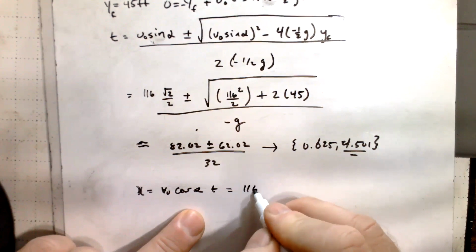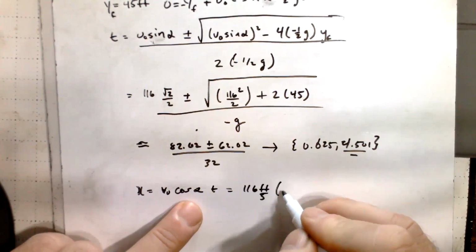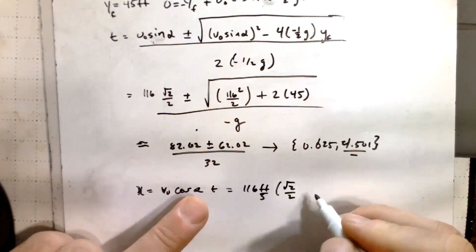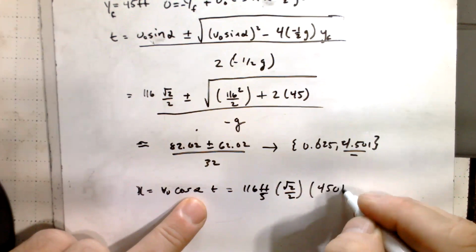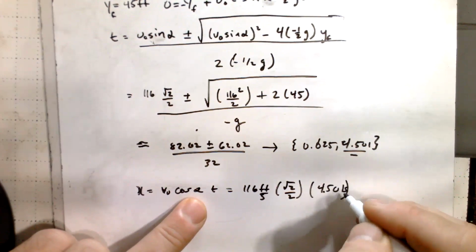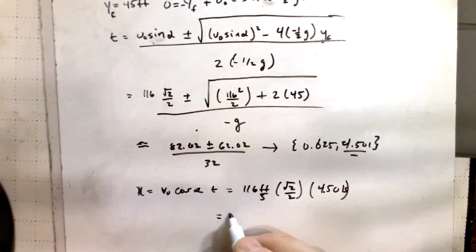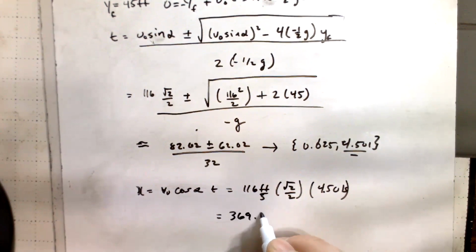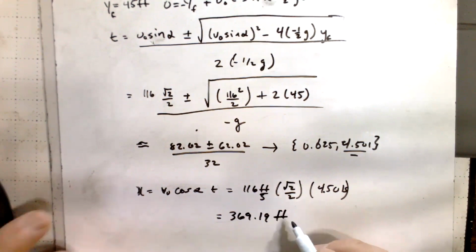So v naught is 116 feet per second. Cosine was square root of 2 over 2 because the angle is 45 degrees. And then time is 4.501. So that's going to give me how many feet it is. Plugging in each of those numbers, we get 369.19 feet.